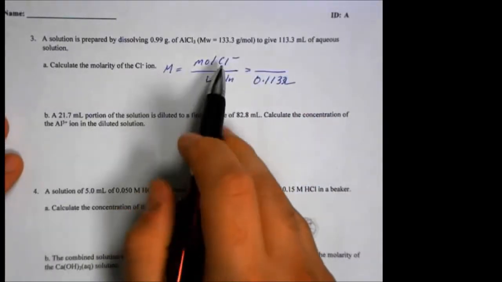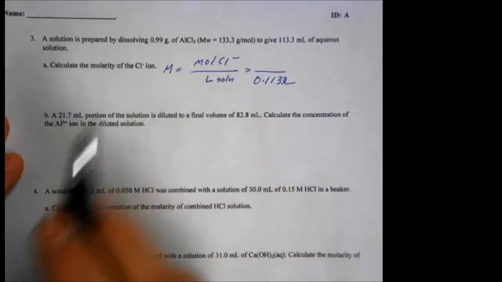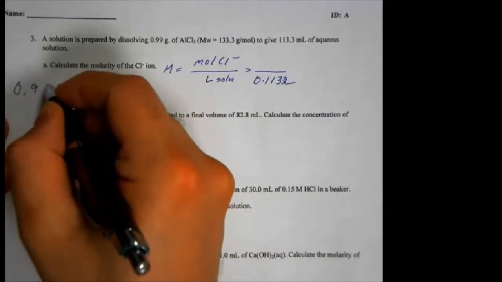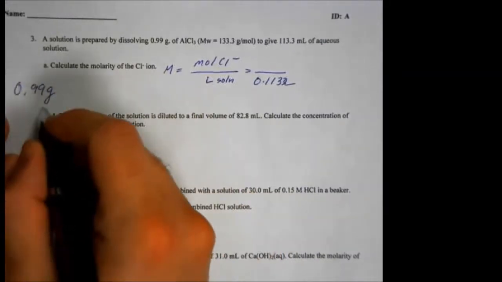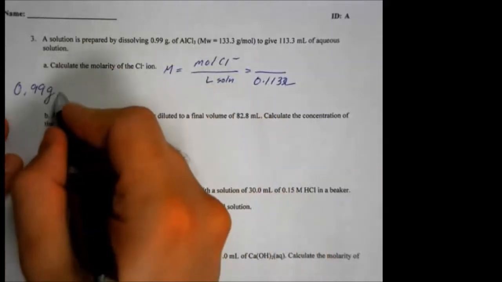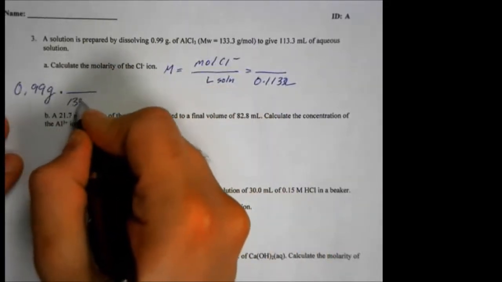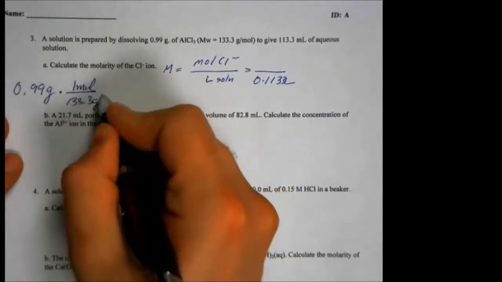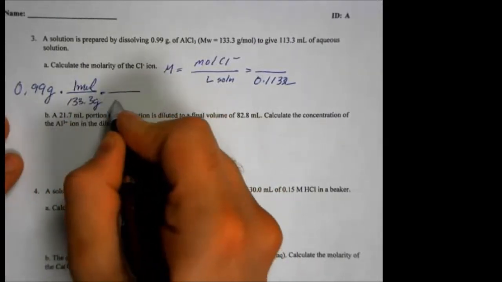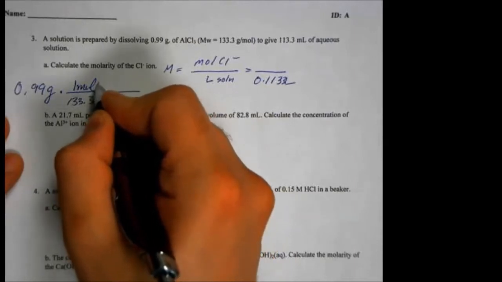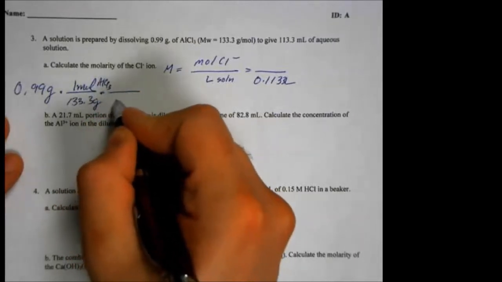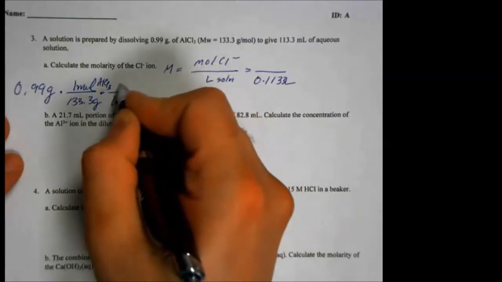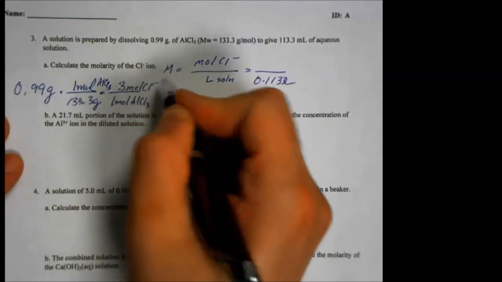So now the only thing I need to get is the moles of the Cl-. So to do that, we're going to start over here with our 0.99 grams, and then we can convert this to moles using the molecular weight, 133.3 grams for every 1 mole. And then we know that for every 1 mole of aluminum chloride, we have 3 moles of Cl- ion.